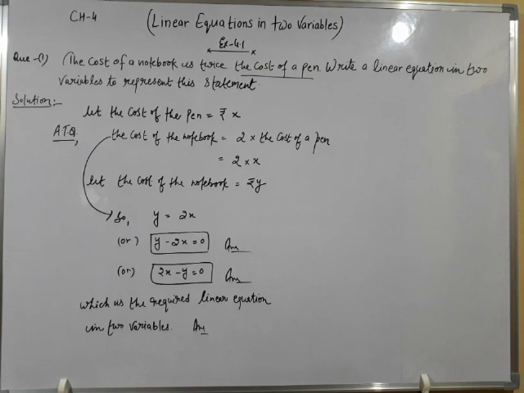Given that the cost of a notebook is twice the cost of a pen, write a linear equation in two variables to represent this statement. Let's start its solution. Whenever we have to solve a word problem, we have to select one point from where we can start our solution.